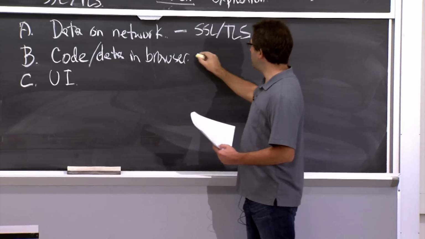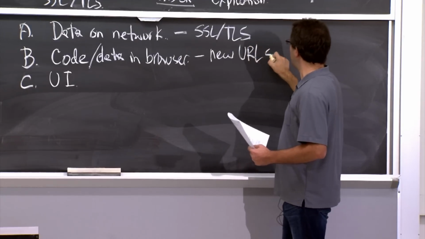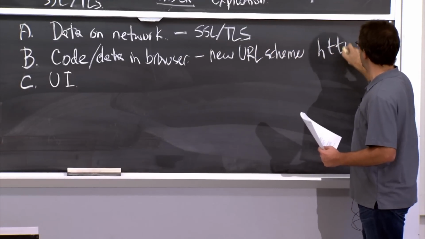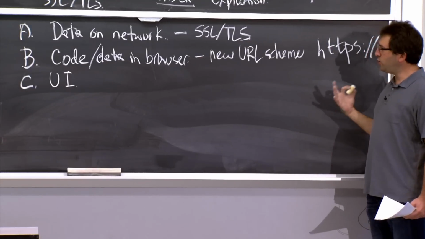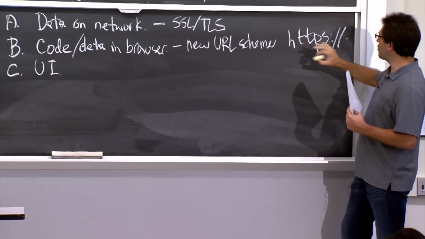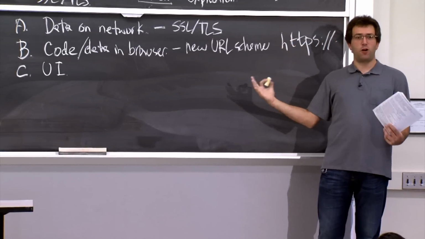So the general plan for this is we're going to introduce a new URL scheme that's called HTTPS. You often see this in URLs, presumably in your own life. The cool thing about introducing a new URL scheme is that now these URLs are just different from HTTP URLs.